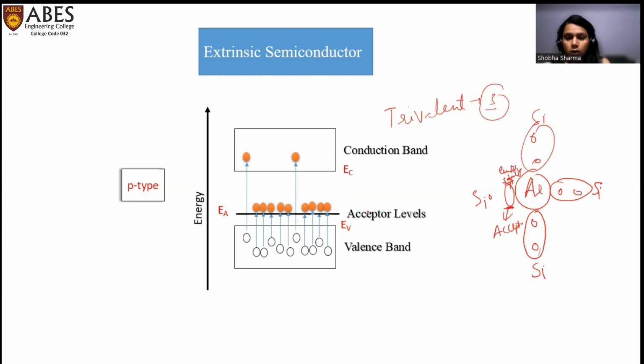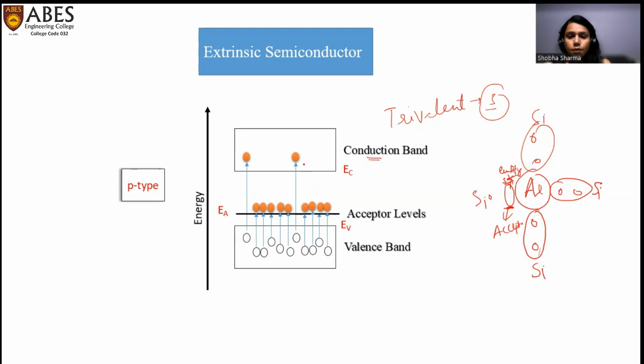So the energy level of the acceptor atom is very near to the uppermost energy level present in valence band. So due to this small energy gap, the electrons present in valence band will easily reach this acceptor level, while very, very few electrons will be able to make it to the conduction band.